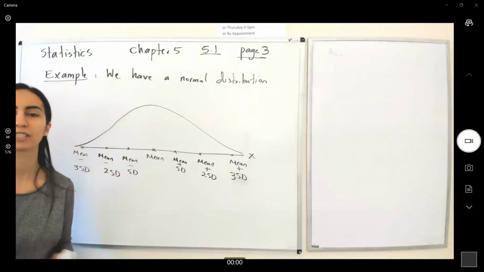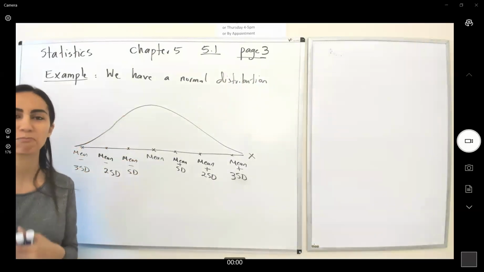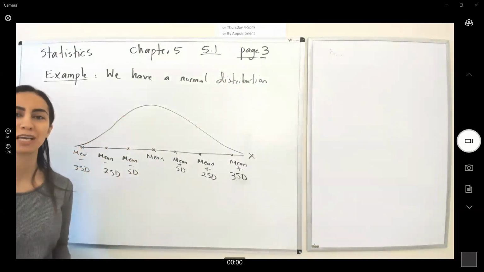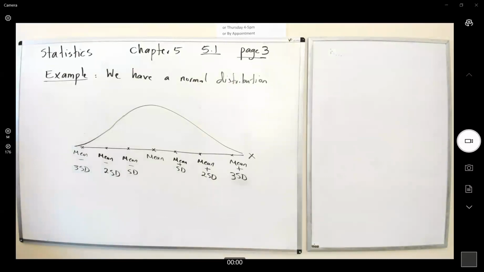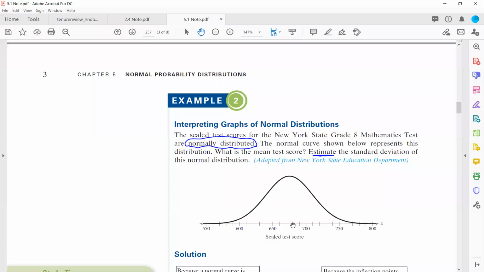So what would be your guess for the mean? What's the best number describing the middle number? What's your middle number? Look at the graph. What's the middle number? 675, okay. 675, that's good.